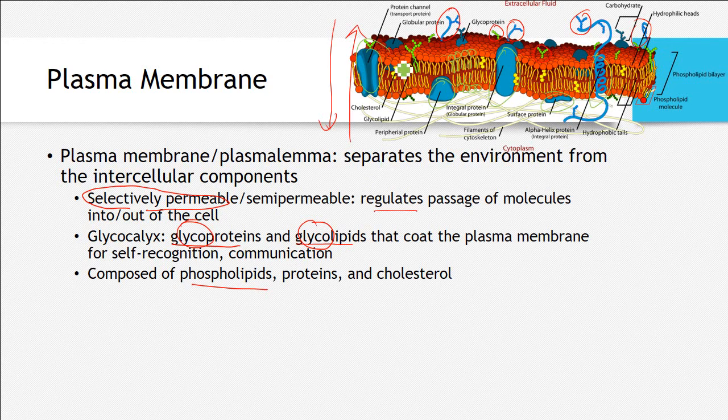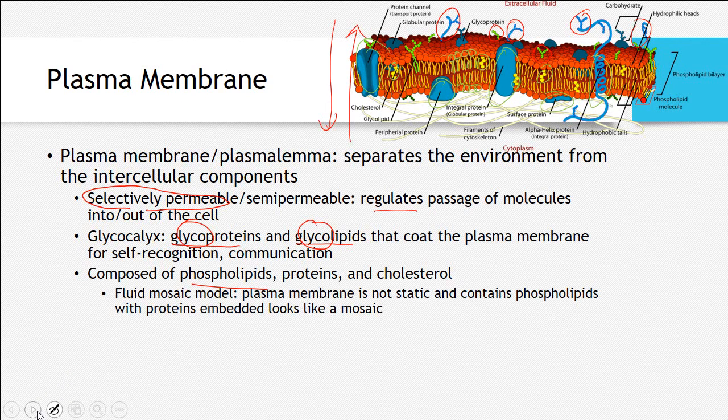And cholesterol is these yellow structures that you see here. Okay? They all have a specific function. But you'll notice that most of it is going to be made up of these phospholipids. And you do see interspersed within the phospholipids these proteins. And because of the interspersedness of, not a word, but of the proteins, it makes it look like a mosaic.